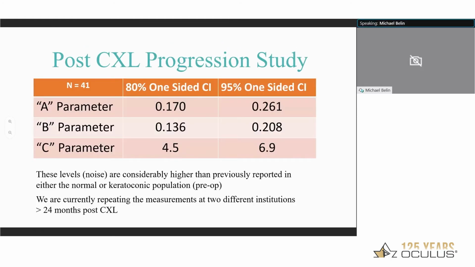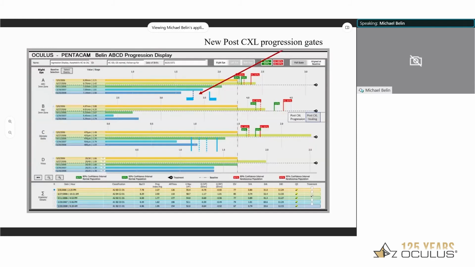I don't want you to spend too much time, but these are the 80 and 95% confidence intervals. What we did notice here, however, is that the noise levels were considerably, I want to stress the word considerably, higher than previously reported in either normal or keratoconic. So we're a little bit uncomfortable with the initial study, and we're currently repeating these measurements at 2 different institutions with patients who are at least 24 months or 2 years post cross-linking.